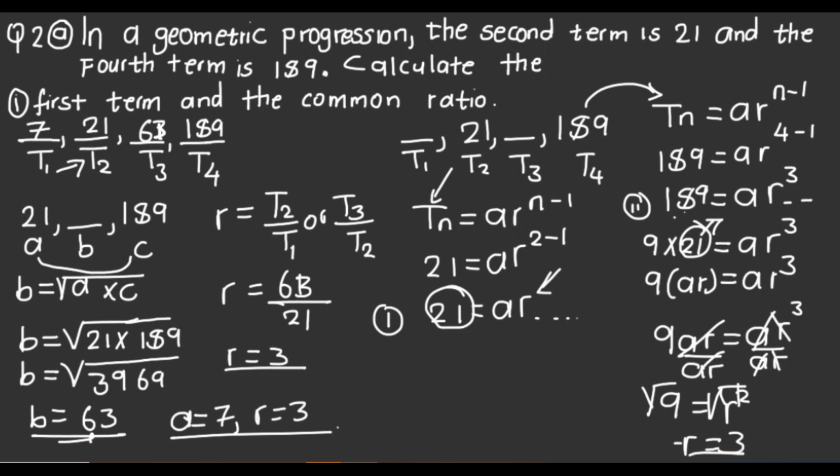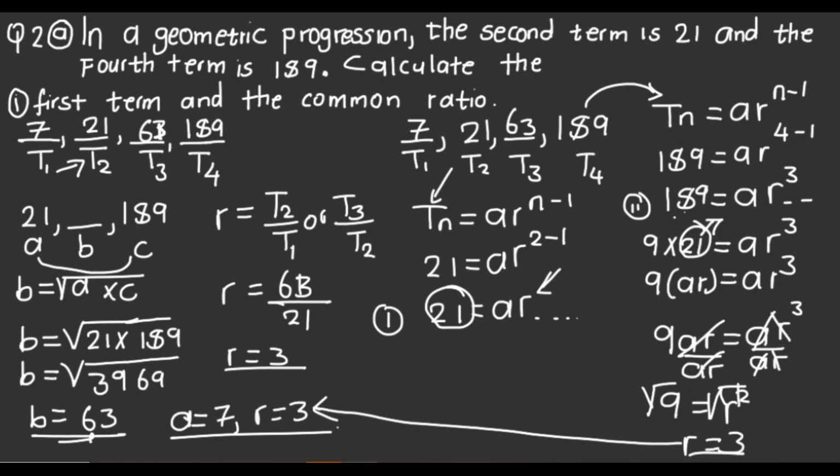We are still getting the same answer as before. That is our common ratio. Then 21 divided by 3 we have 7 as our first term.